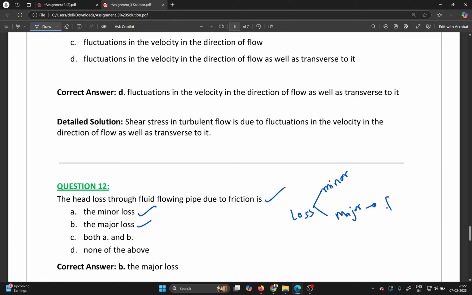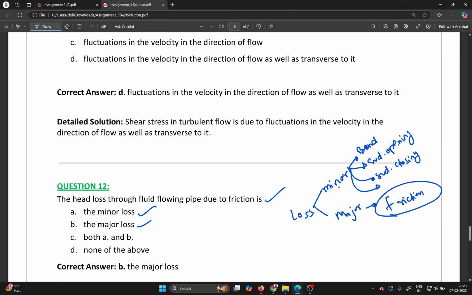Major losses are due to friction, and minor losses are due to the bend, sudden opening, or sudden closing, and others you can also think about. Major losses are only due to friction, and you can consider the other losses as minor losses.